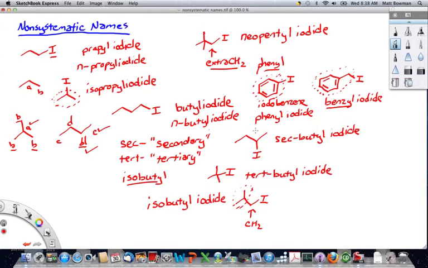Blame some chemists that are long dead for this nomenclature flap up, but it's now part of the knowledge. You need to know the difference between phenyl iodide and benzyl iodide. Big difference between the two. Phenyl iodide has the iodide directly attached to the benzene ring. It's directly attached to an sp2 carbon. The benzyl iodide has the iodide attached to an sp3 carbon. Huge amounts of difference in terms of reactivity and properties.